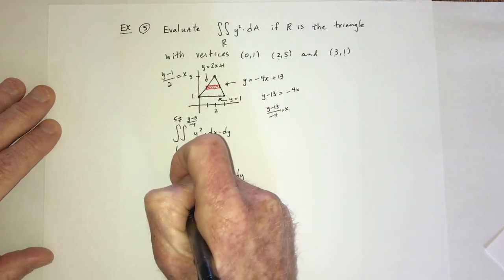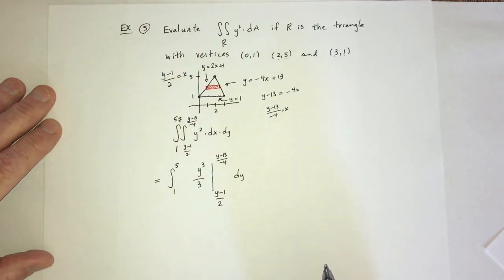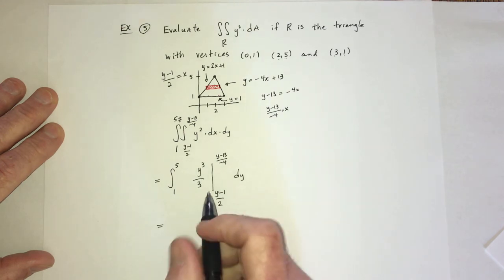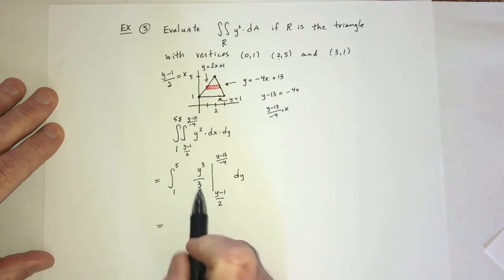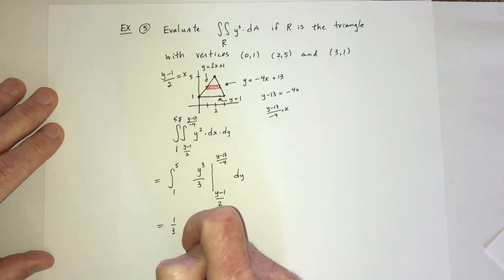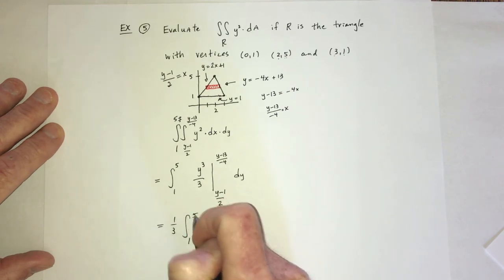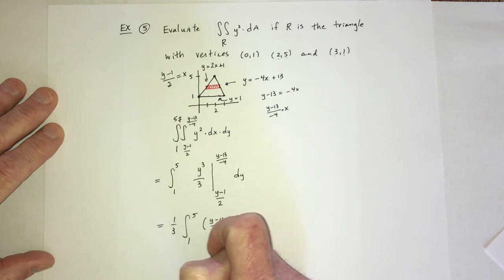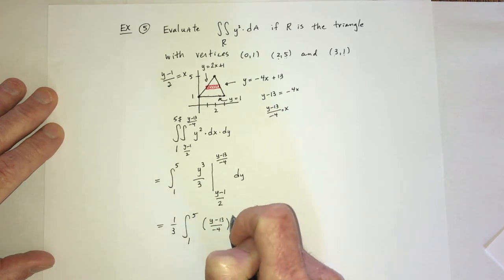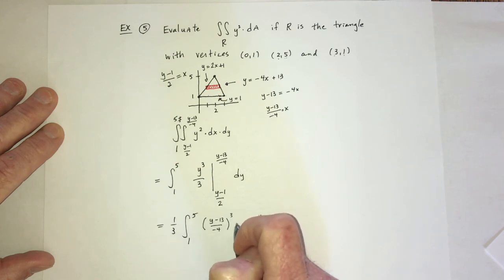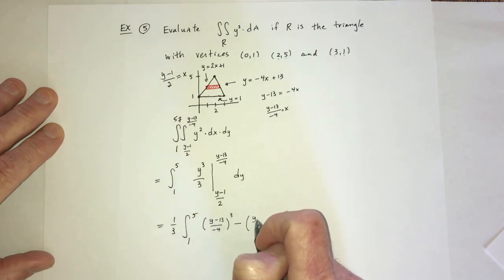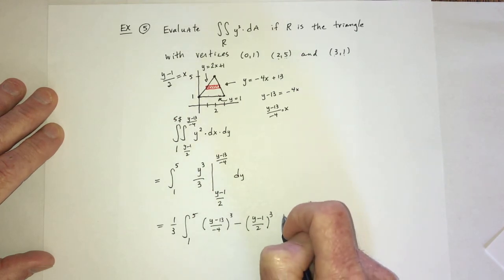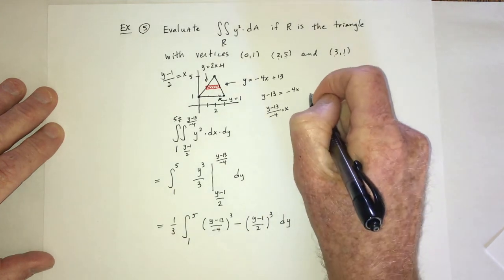From 1 to 5. Now substitute in the limit, so it's going to be, let's see, we've already got enough fractions. I'm going to factor out 1/3. And then it's going to be y minus 13 over a negative 4, that's cubed. And then minus y minus 1 over 2 is cubed. And then integrate with respect to y.